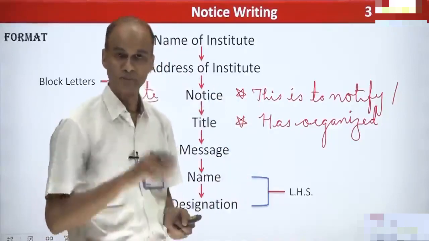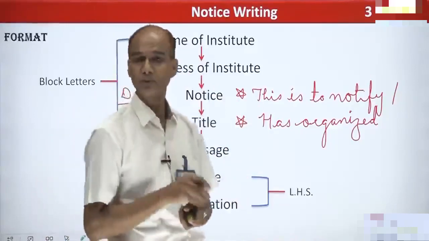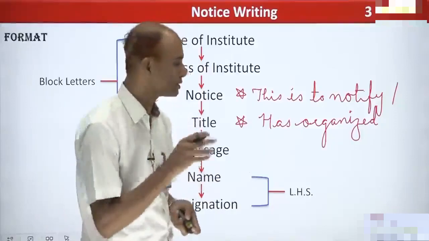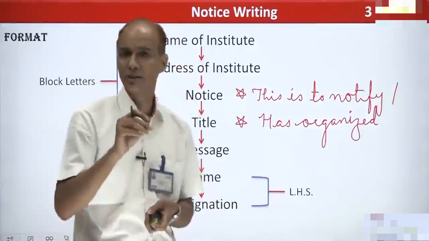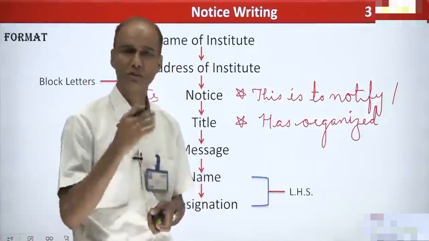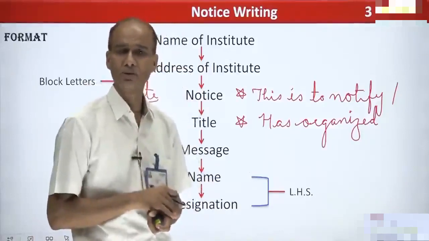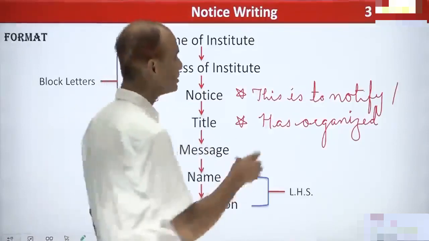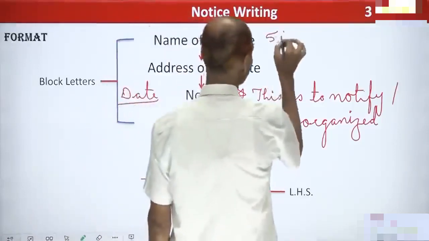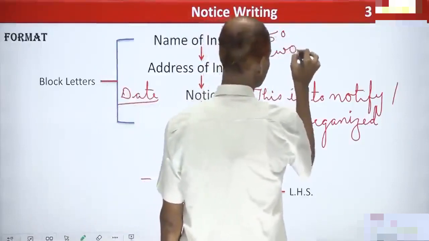Now, finally, one more thing here. If you think that a lot is to be written, I would say don't exceed the word limit. The word limit is what? 50 words.